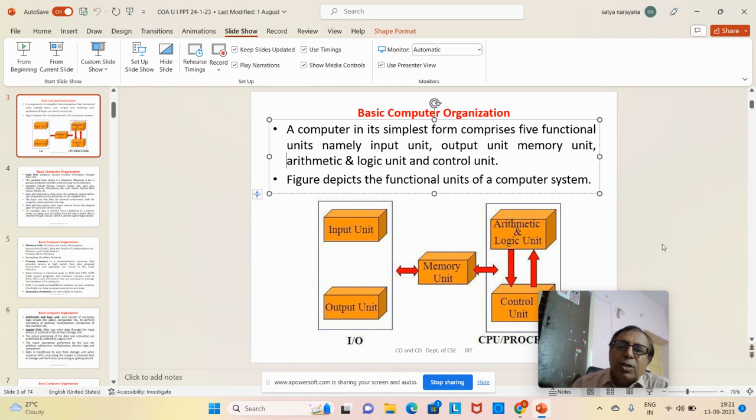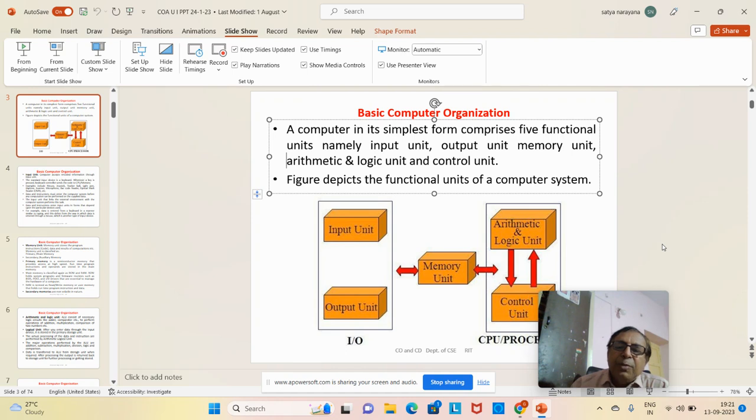Primary memory is also called main memory, and secondary memory is also called auxiliary memory. Primary memory is required for your system. Secondary memory is required whenever you want some backup. Generally, primary memory is small in size, secondary memory is large in size.